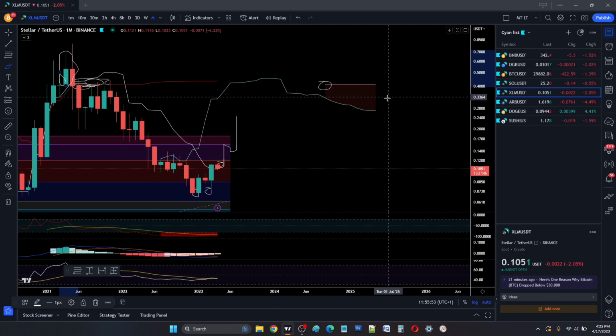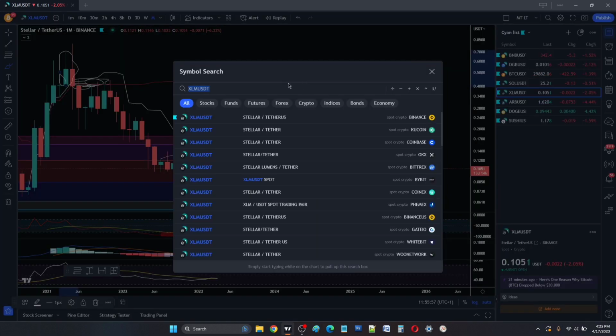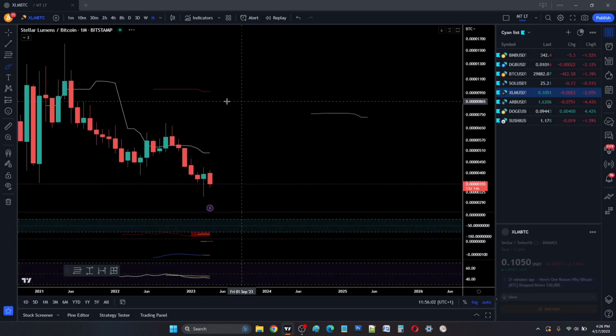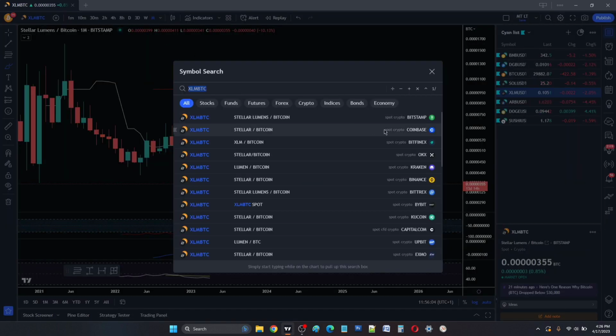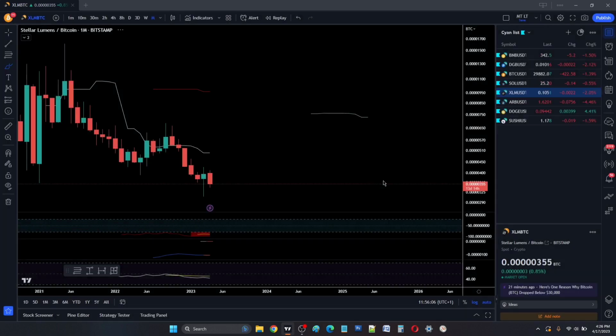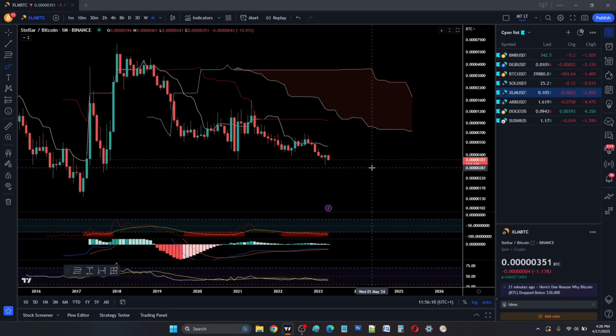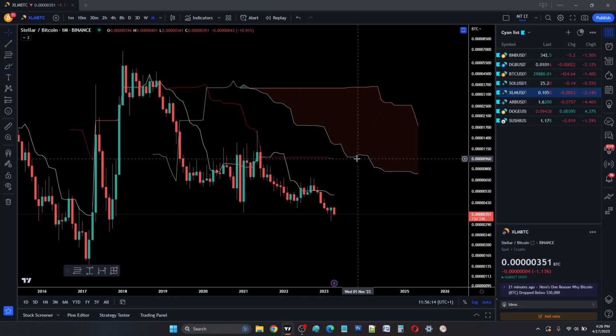Now what is more interesting to me is the XLM BTC pair, which by the way was super slaughtered. Let me fetch up the Binance one, because that has more volume and would be more accurate. Stellar Lumens got absolutely brutalized on this time frame. We have been visiting lows which were not seen back in 2019.